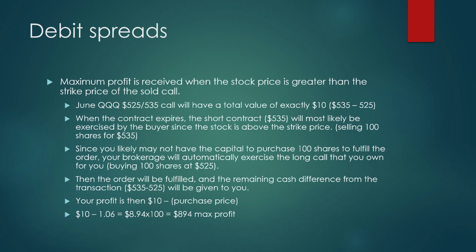So they will most likely exercise that call so that they can receive the shares, and then that's like they basically purchased QQQ for 535, and then when the stock is at 545, they receive a value as well. So technically, both profit whenever you sell calls.